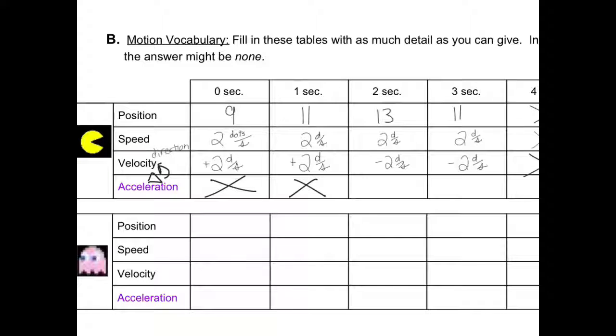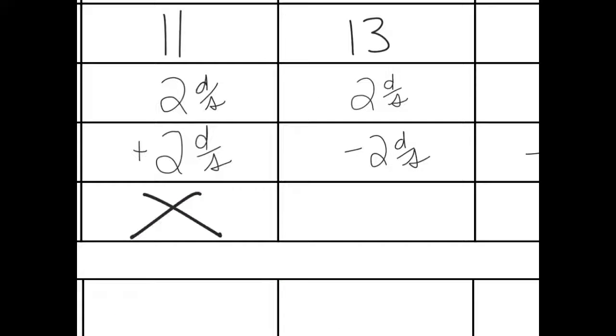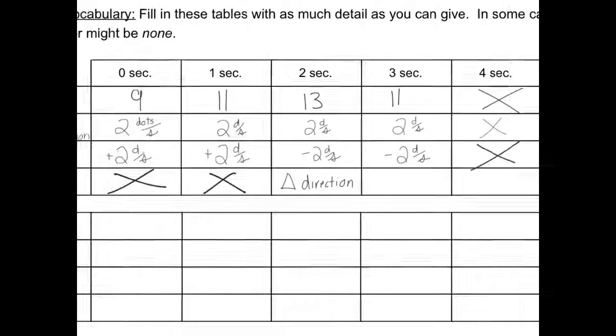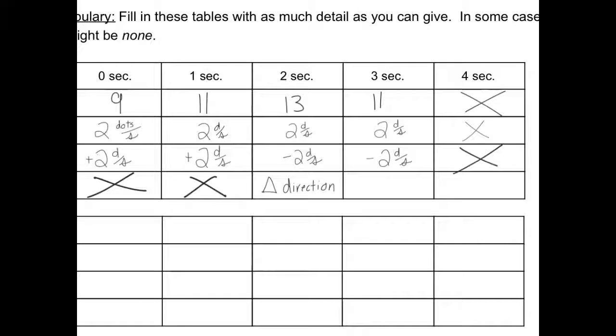Here is where we have that change in velocity, and what happened was a change in direction. And let's just stick with change in direction as how we determine what our acceleration was. That's as much detail as I expect. From here at 3 seconds, still negative 2 dots per second, so no acceleration. And for the 4th second, again, there's no acceleration.